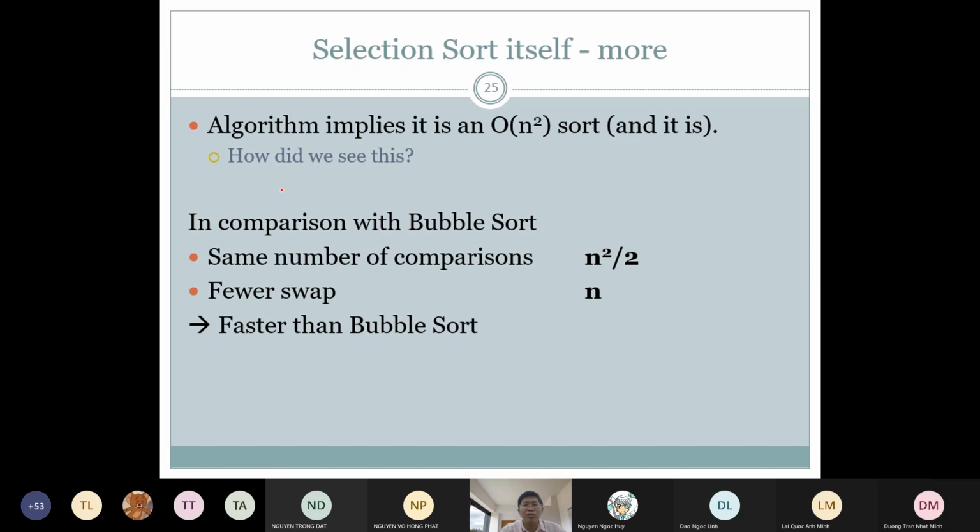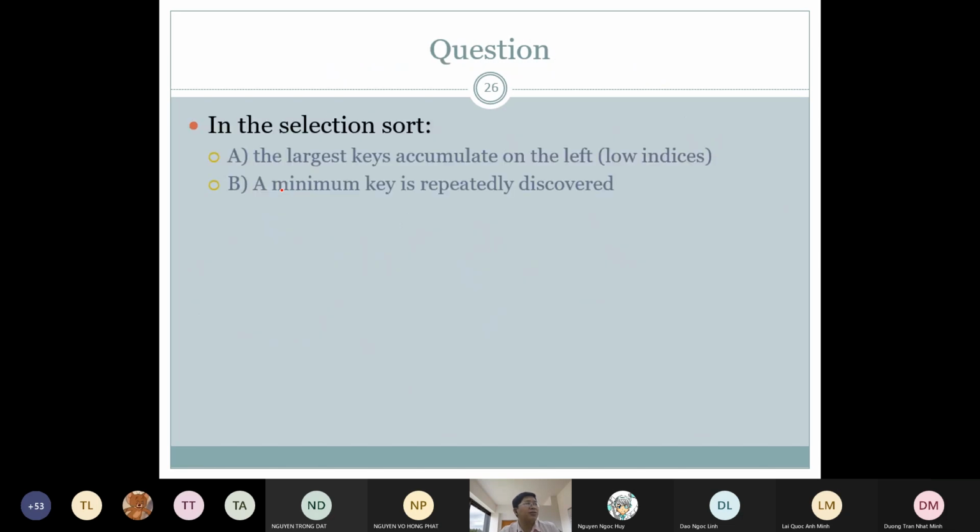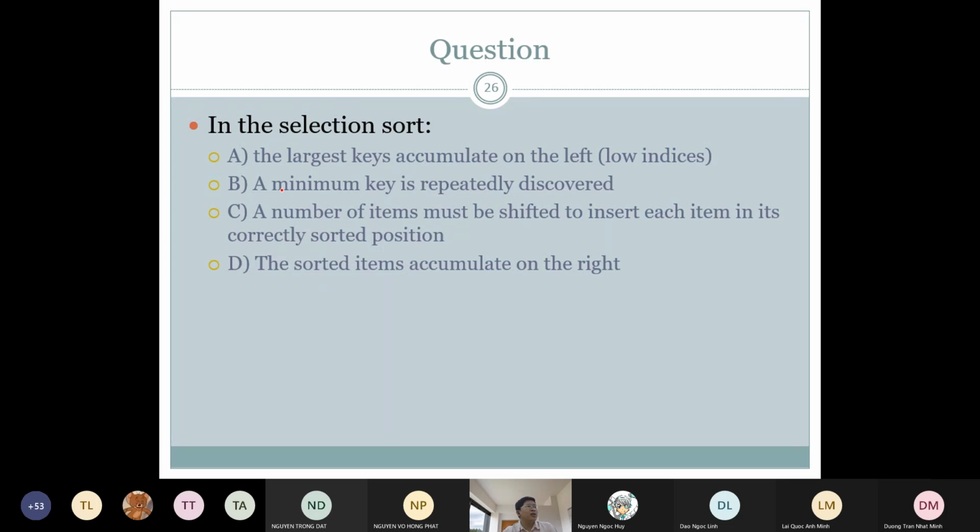Last time we had to do around 100 swaps, or 100 divided by 4, but anyway, we have a lot more than that. You see, that is why two algorithms have the same complexity, but the running time or execution time of these algorithms is totally different. Okay, different in general. Yeah, that's it for the selection sort.